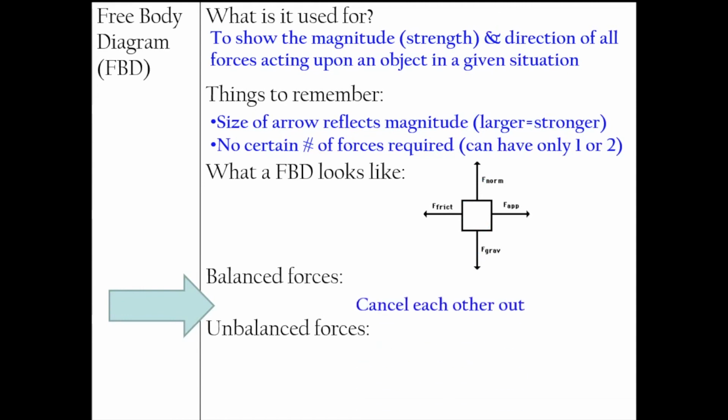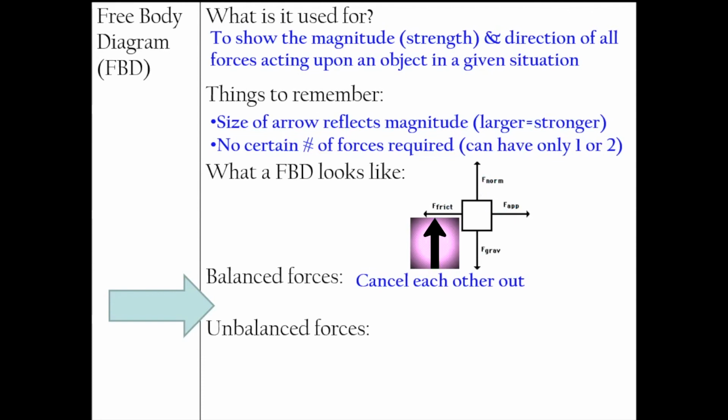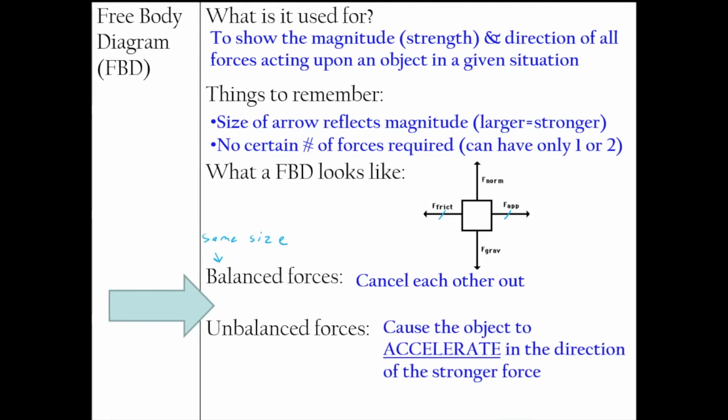We're going to say that balanced forces is what happens when these forces cancel each other out. So for instance, right here, since friction and applied are balanced, meaning that they're the same size, they're going to cancel each other out. We're also going to have unbalanced forces. And unbalanced forces are going to cause the object to accelerate in the direction of the stronger force.